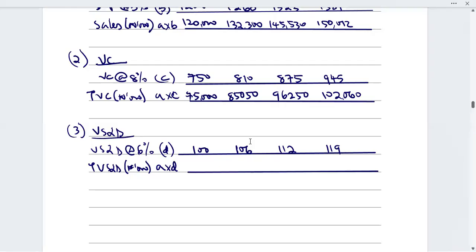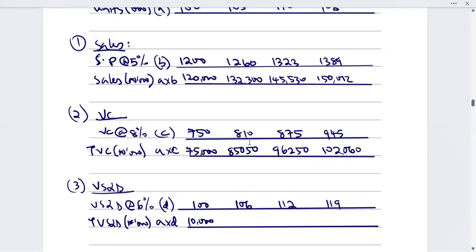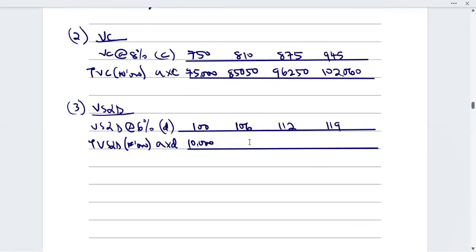So what do you have? 100 multiplied by 100 gives us 10,000. Next one, 105 multiplied by 106 is 11,130.